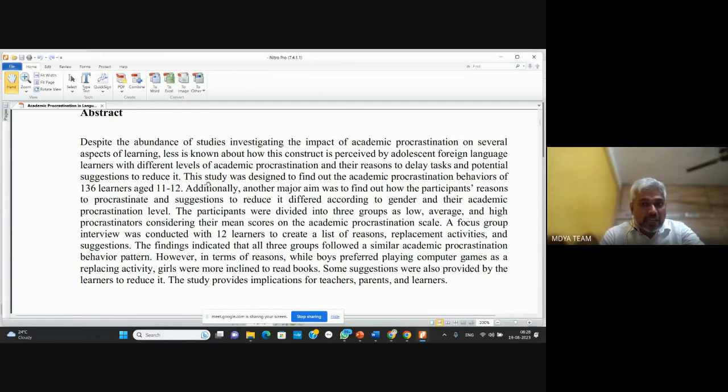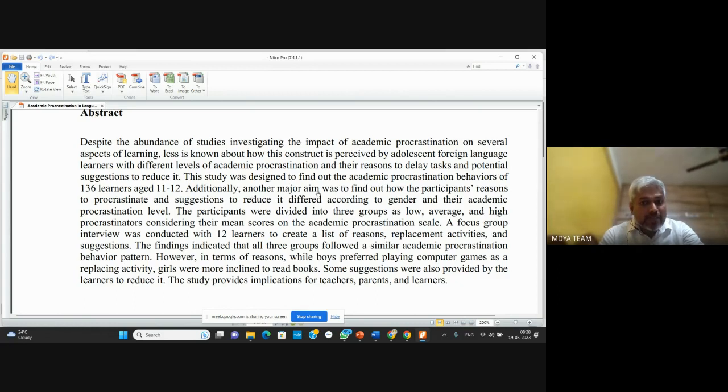So here they have mentioned what his aim or objective is, what he would like to do. He would like to do a study to find out the academic procrastination behavior of 136 learners, and here he has given his sampling also. His sampling is adolescents of the age of 11 to 12 years.